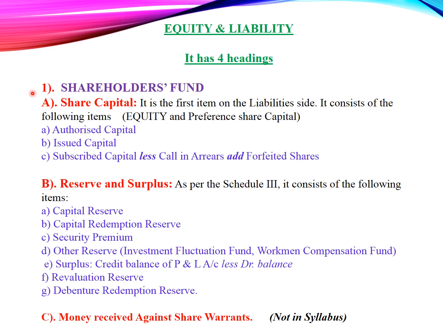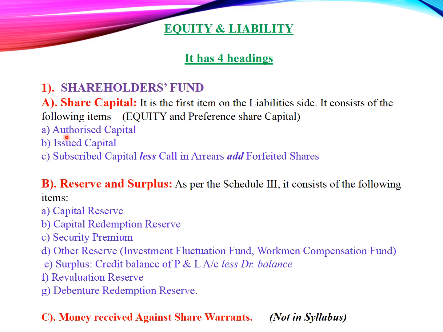Share capital is the first item on the liability side and it constitutes two types of capitals, equity share capital and preference share capital. Equity as well as preference share capital is placed under share capital. Share capital can be classified further in three parts. First, authorized capital. It is the maximum capital with which any company is registered. In short, this is the maximum capital which any company can raise from the market.